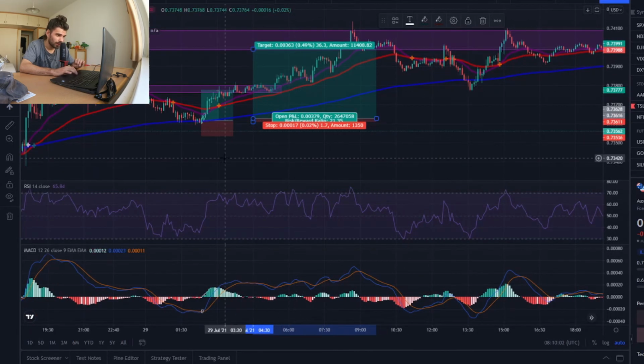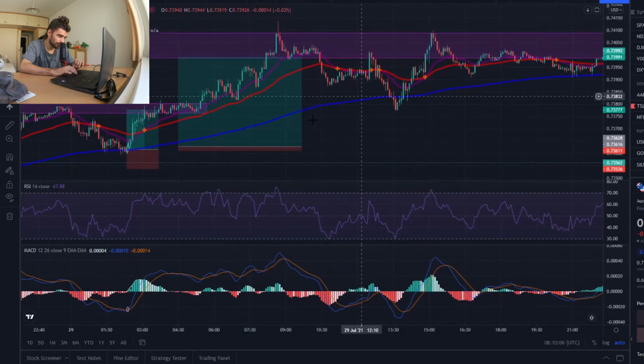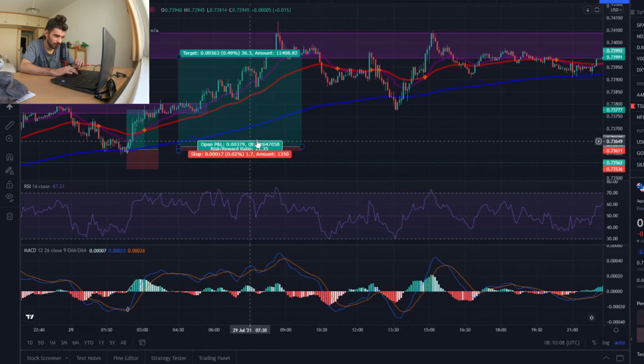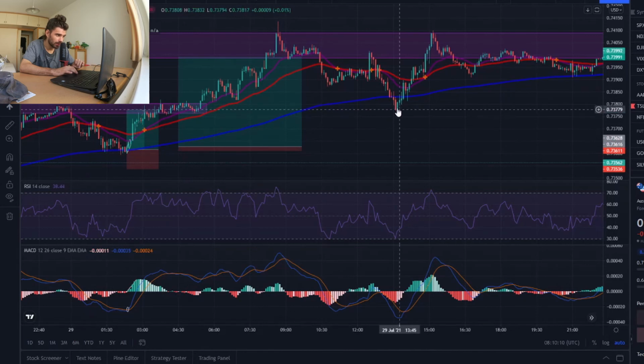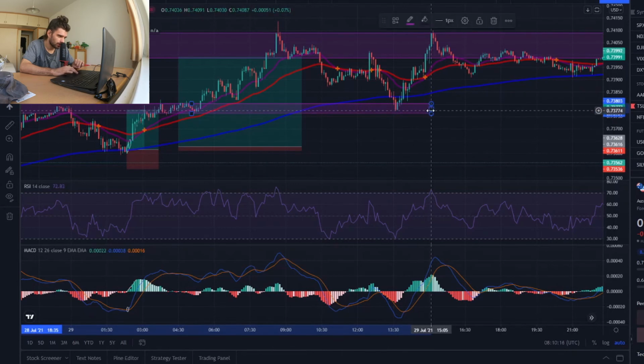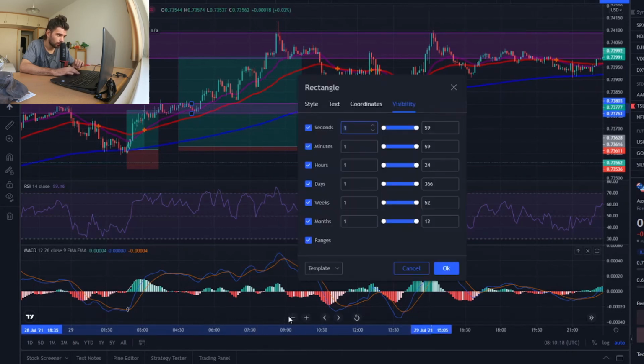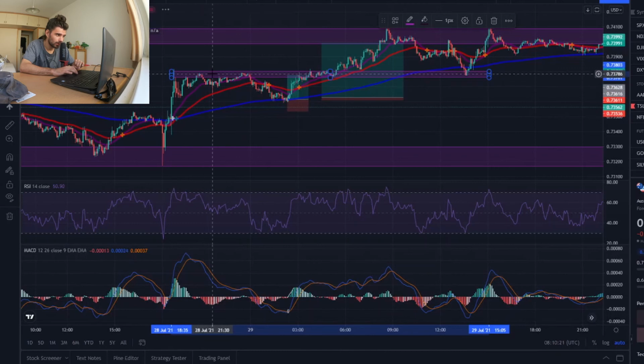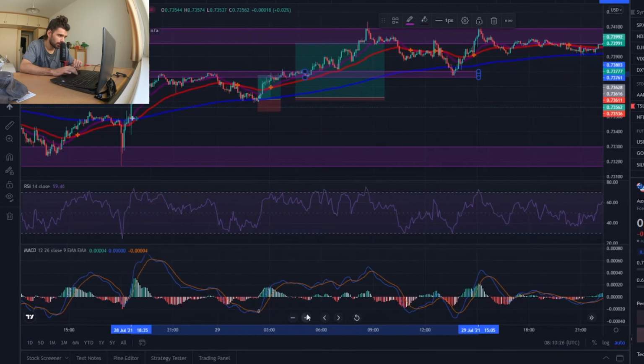So now we can find a couple of those entry points. We could find one here. We broke slightly below the 200 EMA, but like I said, Forex likes to move to support and resistance lines, and here we perfectly came to this previous resistance line, now acting as a support line.